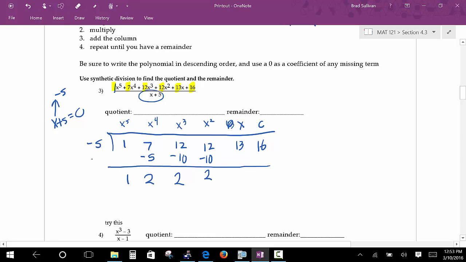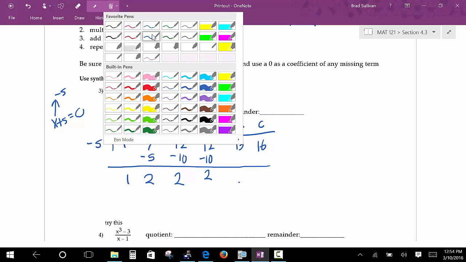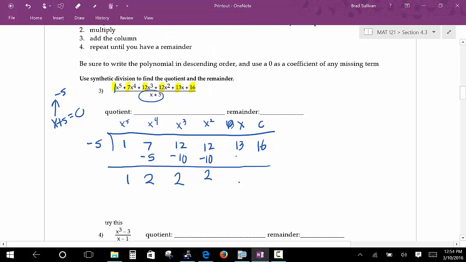Multiply. 2 times negative 5 is negative 10. Don't put it there, though. Okay? Put it here. 2 times negative 5 is negative 10. Add the column, that's 3. 3 times negative 5 is negative 15. That's 1. Did you guys catch what I was doing?